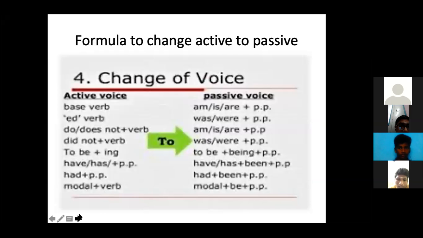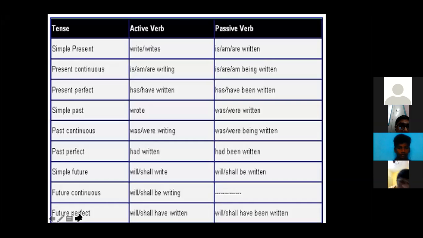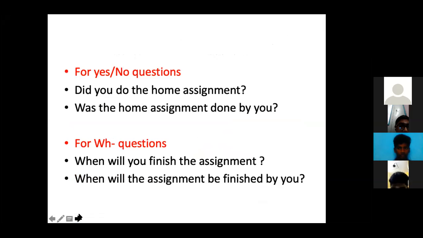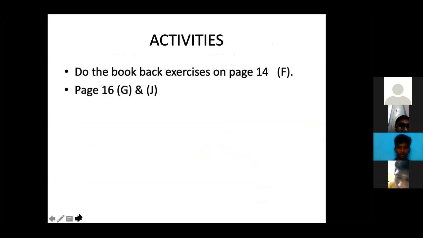Then examples, change of voice. Then when the tense changes, how the active and passive voice changes. The example for yes or no questions, how you change yes or no questions, and the imperative sentences. All these are given. So hope and the activities: the book back exercise on page number 14, F, and page number 16, G and J.